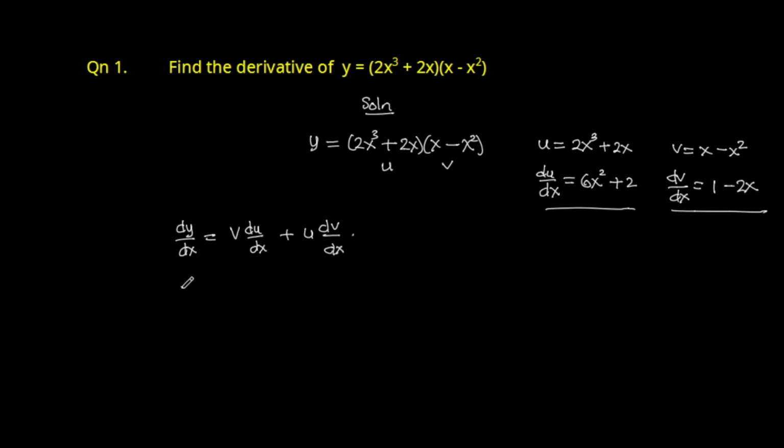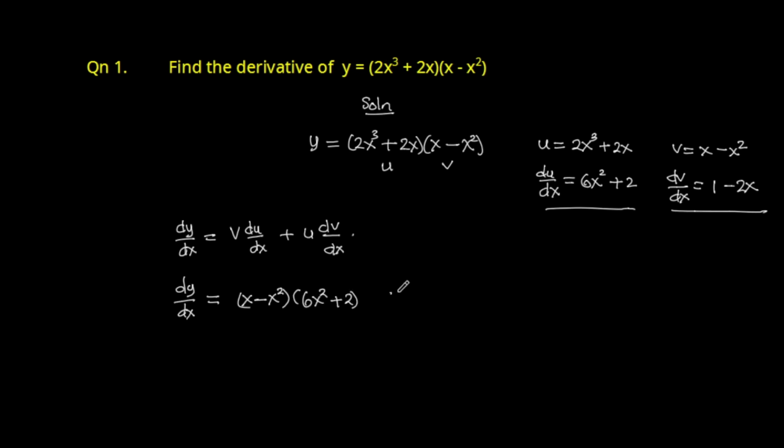Now let's substitute. Our dy by dx equals v, which is x minus x squared, multiplied by du by dx, which is 6x squared plus 2.